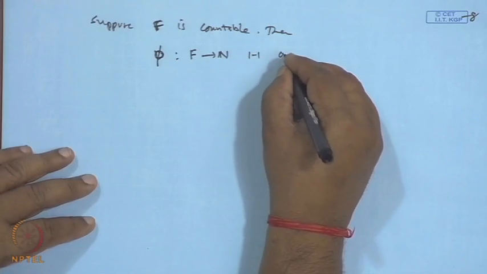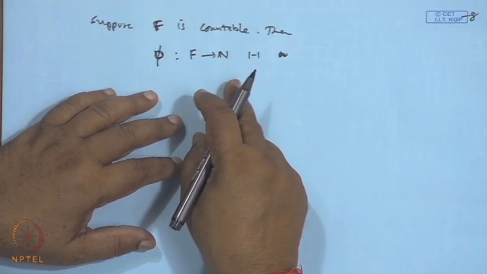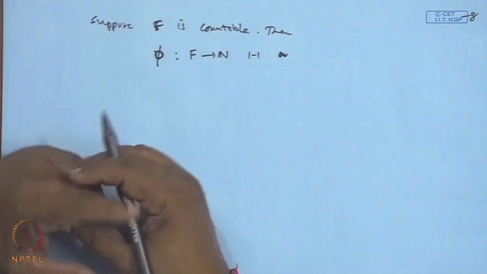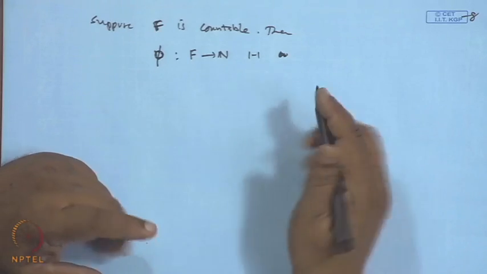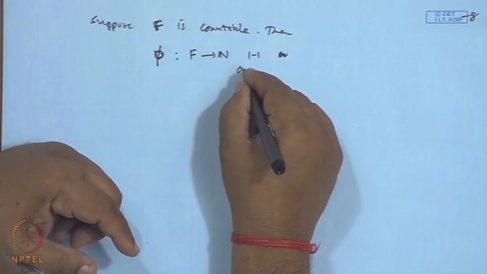So there exists a psi which is a surjection mapping from F to [0, 1]. F is countable, so there is a 1-1 onto mapping.